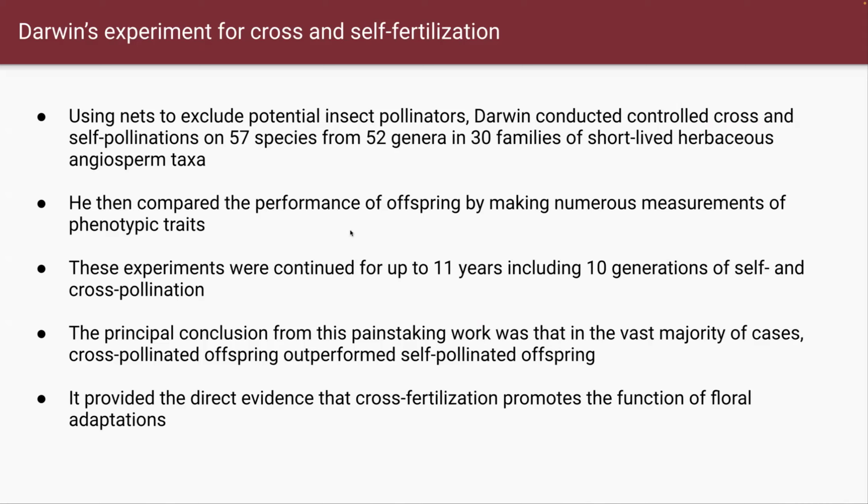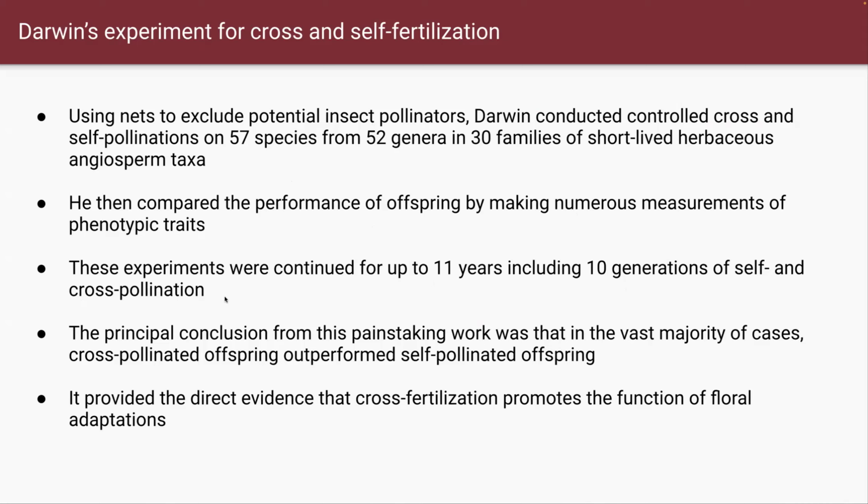Then he compared the offspring between cross- and self-pollination. He continued that experiment over 11 years, including 10 generations of self- and cross-pollination.